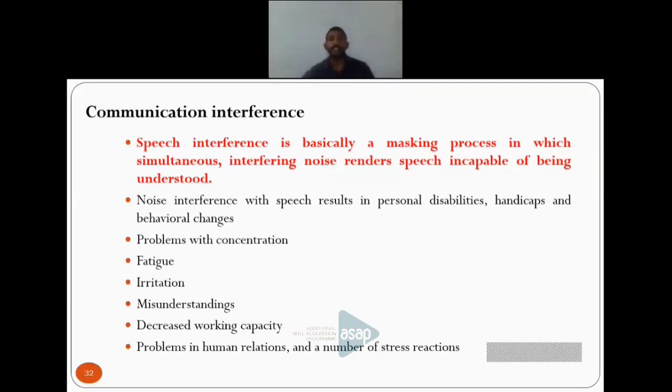Next is decreased working capacity, where the capacity of working is reduced, and problems in human relations are also found, and stress reactions. Another main thing is stress: when we are telling something to someone but it is not getting conveyed, we get stressed.